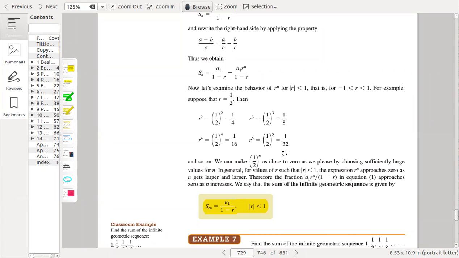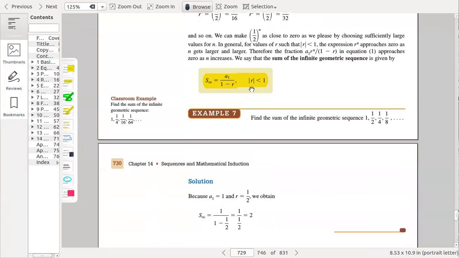So we can say that this sequence is approaching 0 and is very close to 0. It means we can neglect the second term. If we neglect or remove it, we have the formula S infinite is equal to a1 over 1 minus r.